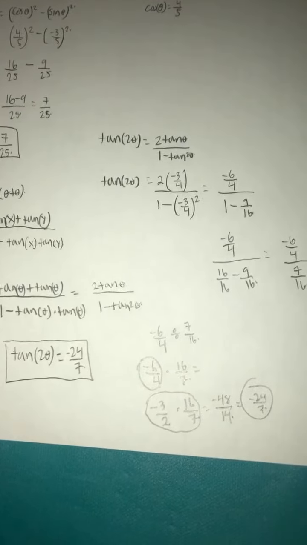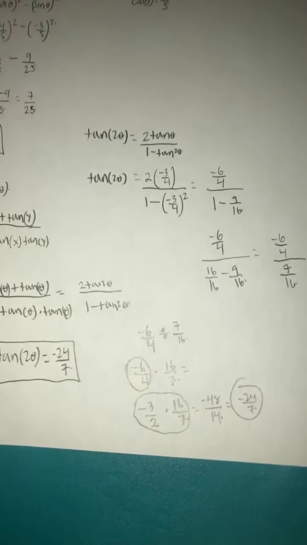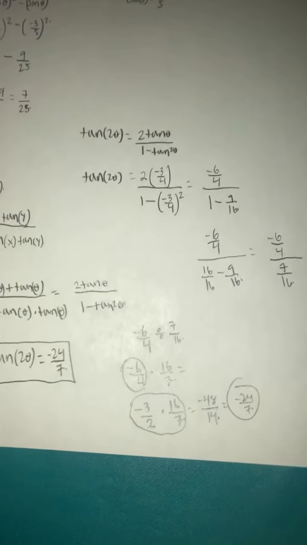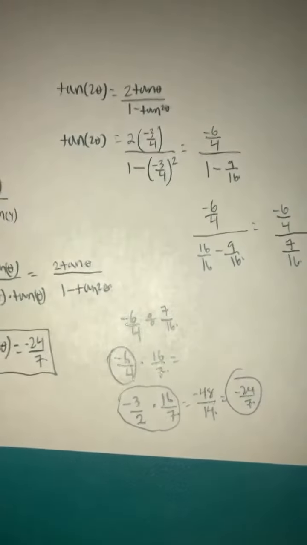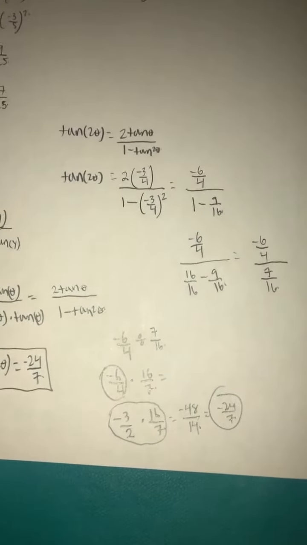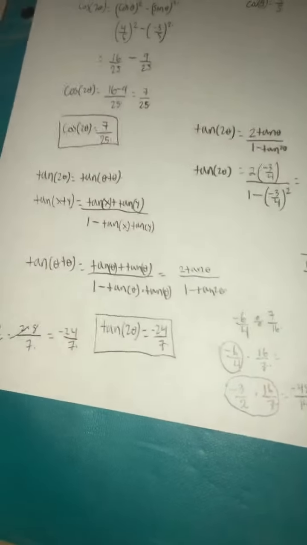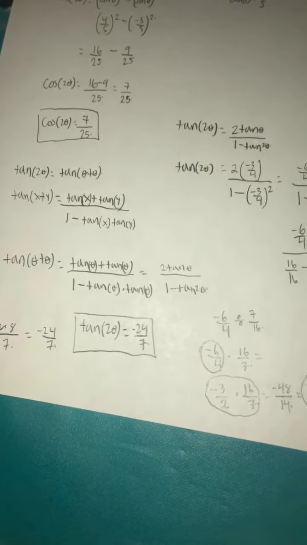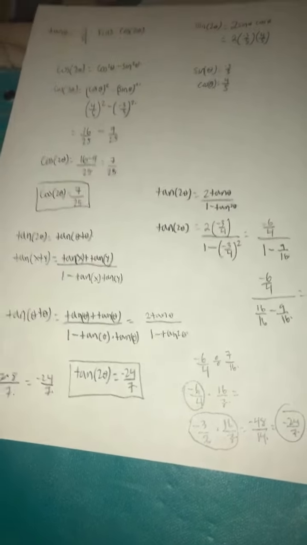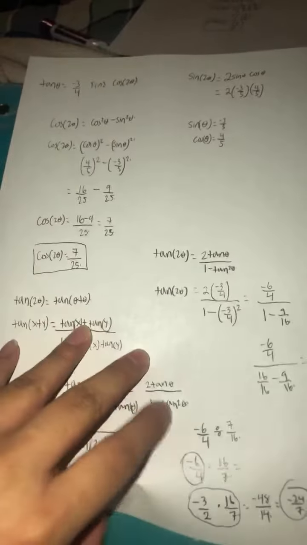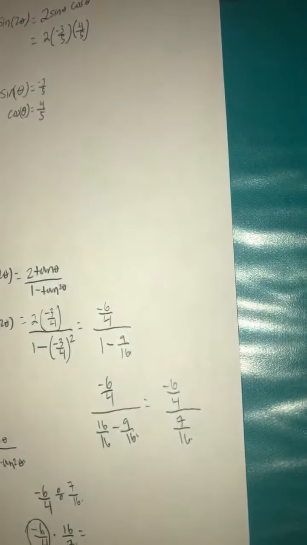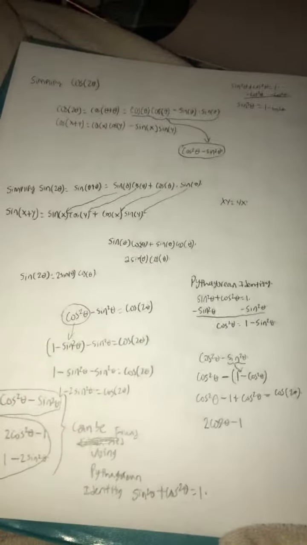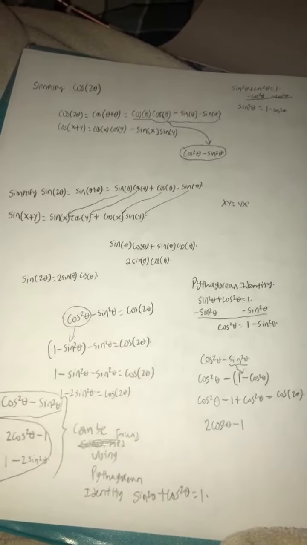Any teacher or any tutor can make a mistake, so please let me know if I messed up anywhere. Those are the 3 main double angle identities, and that is how you prove them, and how you simplify them using right triangle trig.